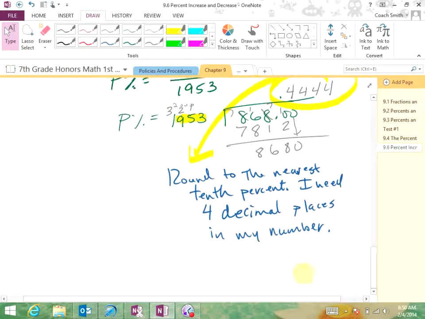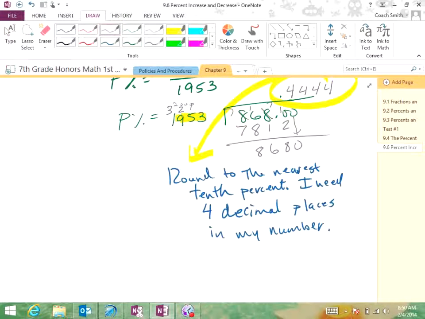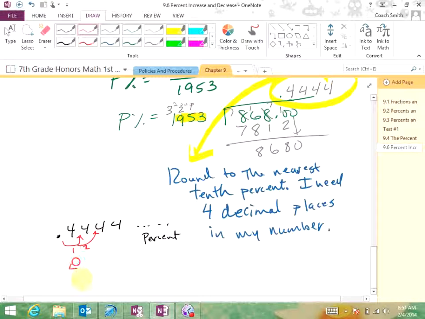Okay? So I have 0.4444... So to change that to a percent, I move my decimal once, twice to the right, which gives me 44.44... Now I'm going to round. So I'm looking at that number, so I circle that number.